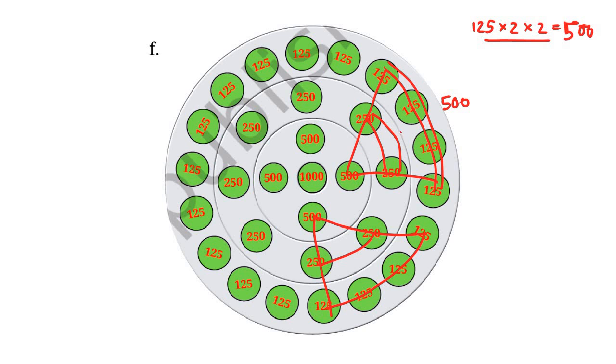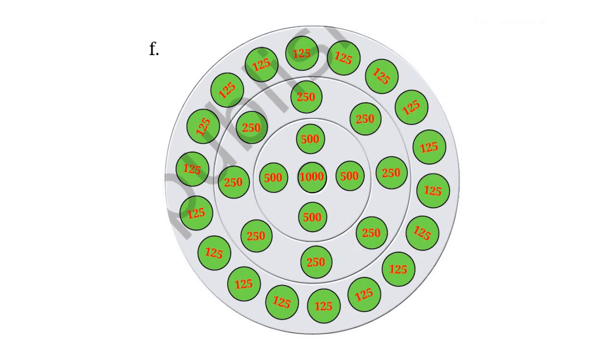Now if we want to do the sum, basically we can do it like this. How many 125s in the outer circle are there? Just count it. The total number is 18. So the sum will be 125 into 18. Next, the inner circle. How many 250s are there? 1, 2, 3, 4, 5, 6, 7, 8.